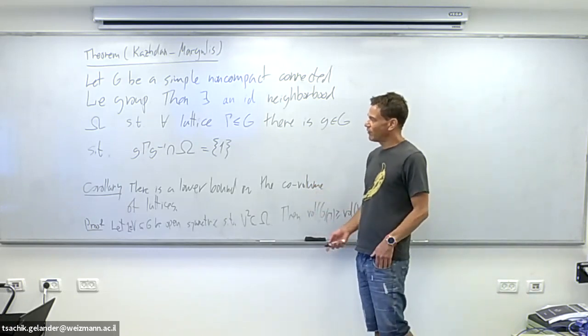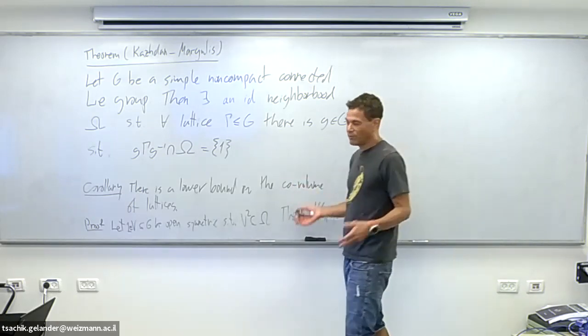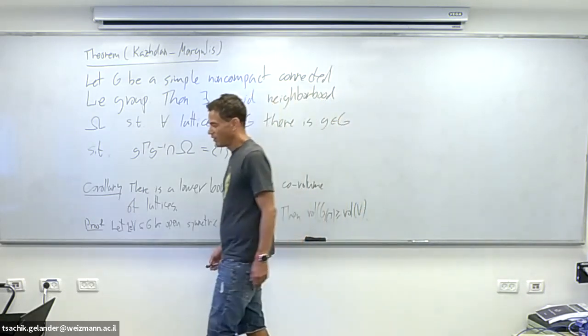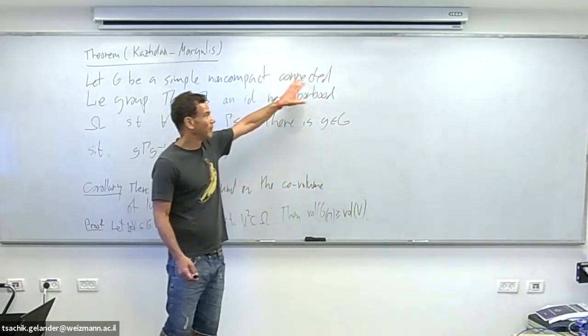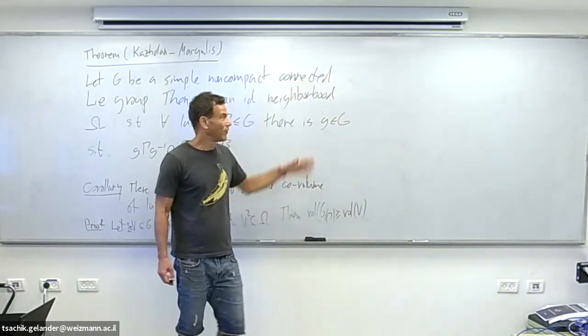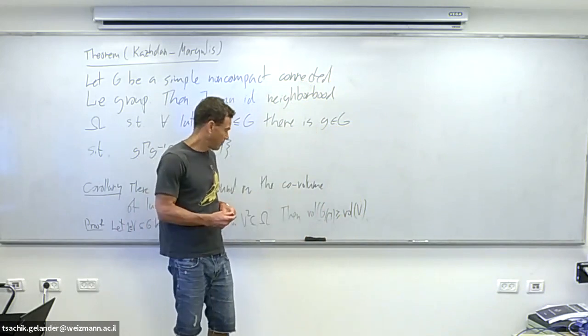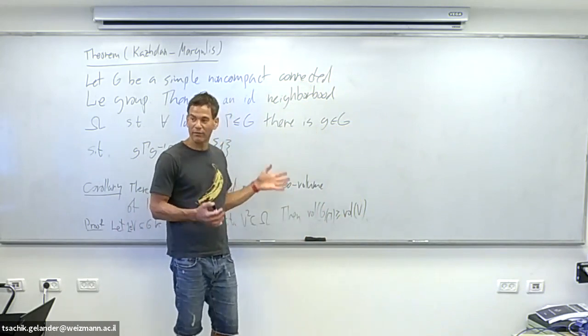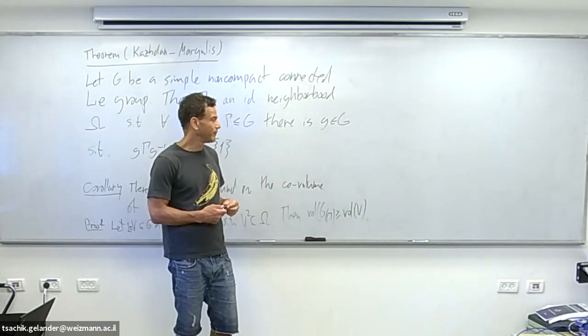So that's a fantastic theorem. As we will see, with the terminology of IRS, the proof is, I don't know if I want to be so confident, but it's really completely straightforward.